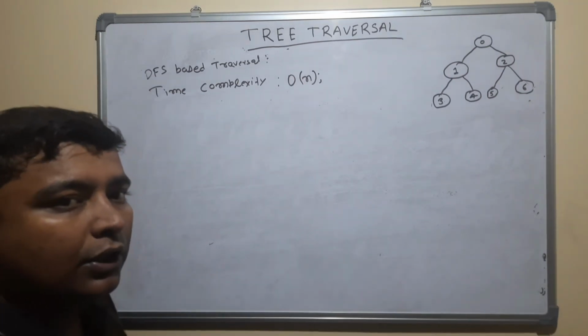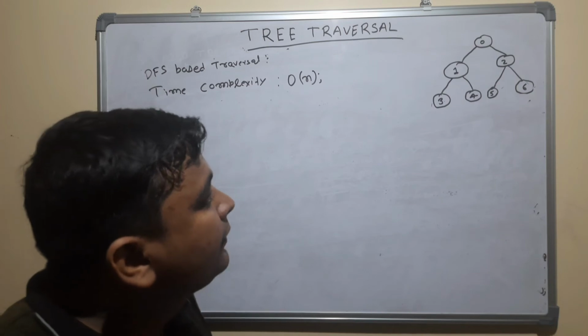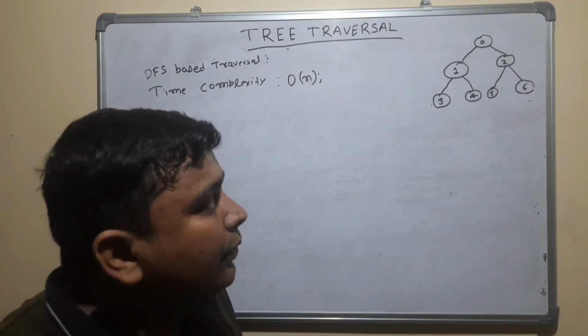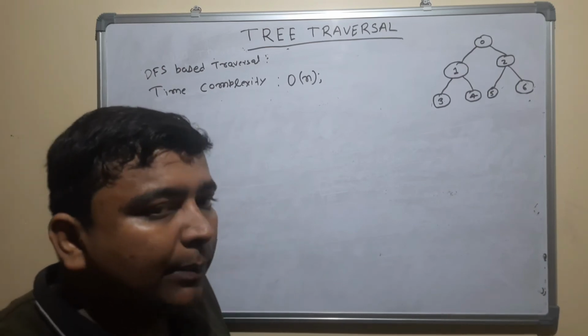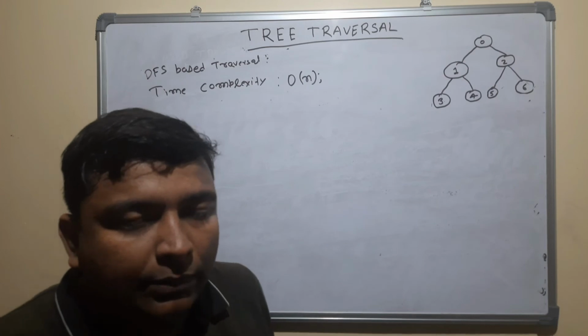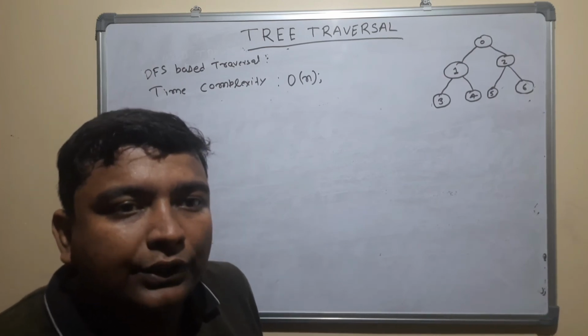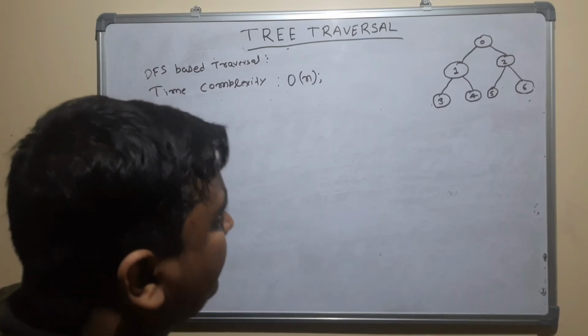I would also recommend to you guys, I have made one video on time complexity and space complexity. Please watch that video so you can understand better what time complexity and space complexity are.